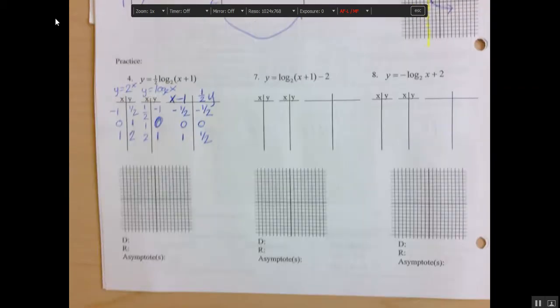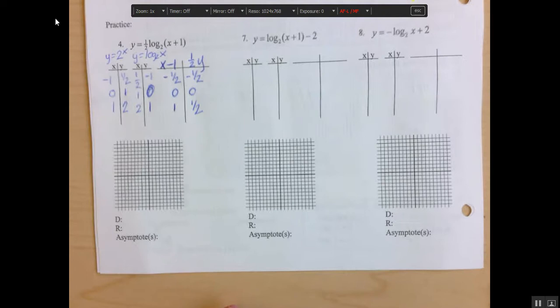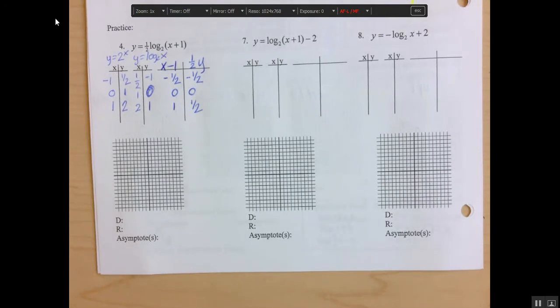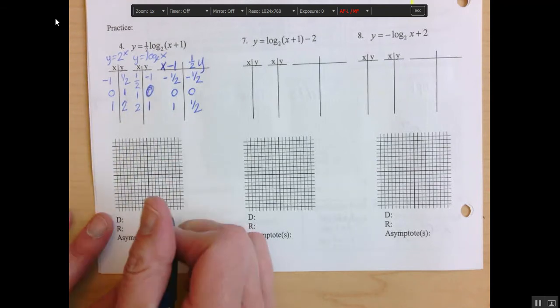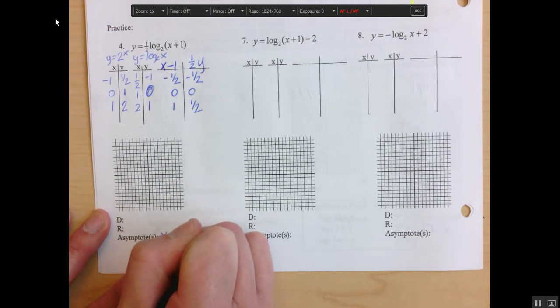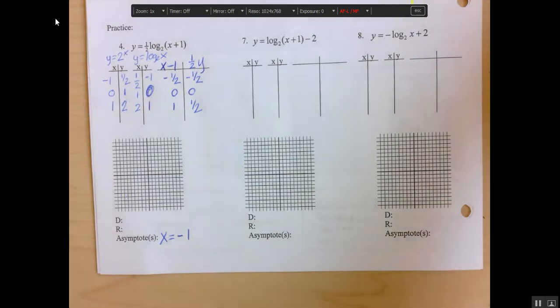Where will my vertical asymptote be? Instead of x equals 0, it's x equals where? You put 0 in here. So 0 minus 1 gives us x equals -1. So put -1 on your graph.